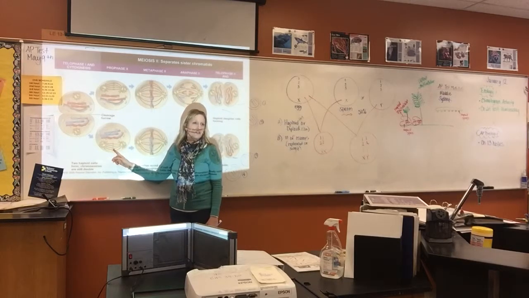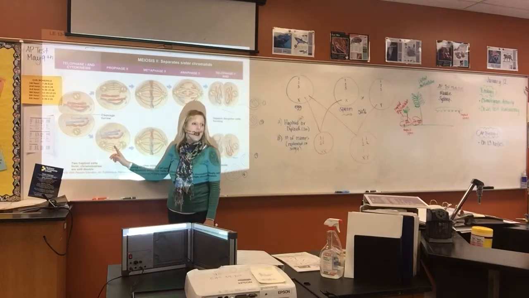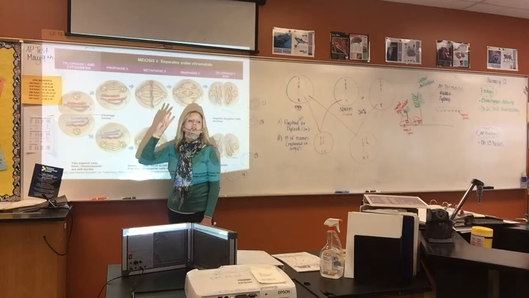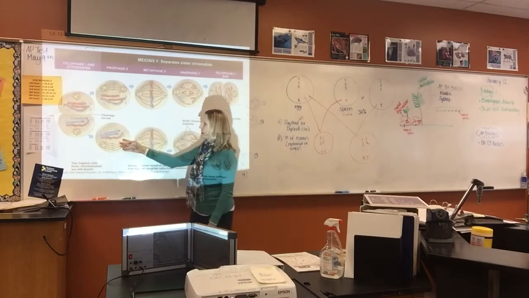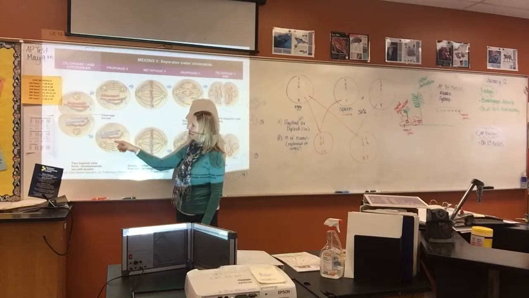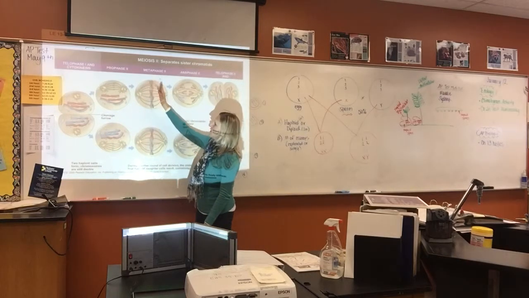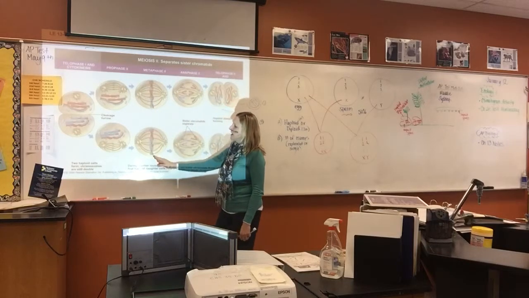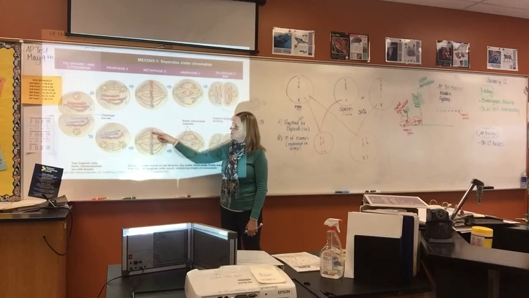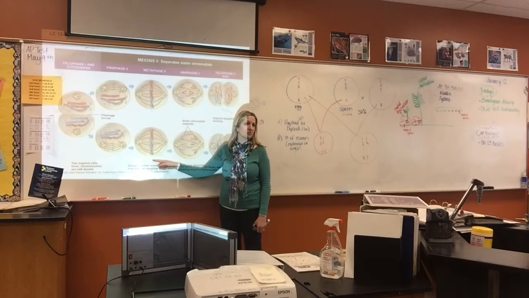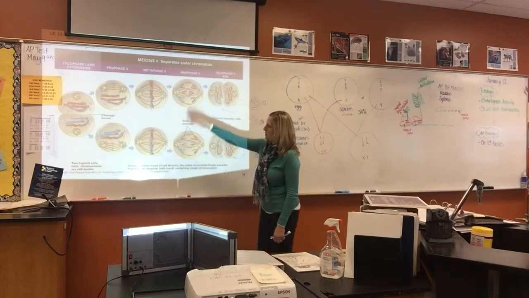No. So these cells are considered haploid, and they have 3 replicated chromosomes each, 1, 2, 3, and 1, 2, 3 here. Then the chromosomes start lining up down the middle, arranged differently, but there's still 3 replicated chromosomes, and it's still a haploid cell for both of those.